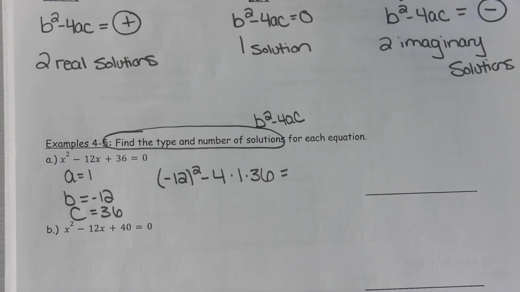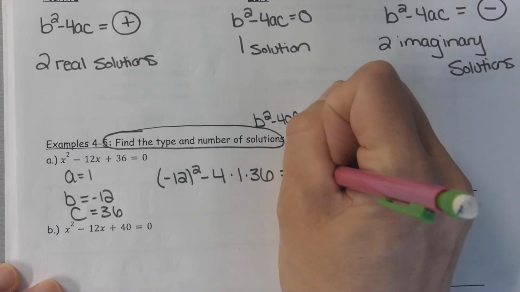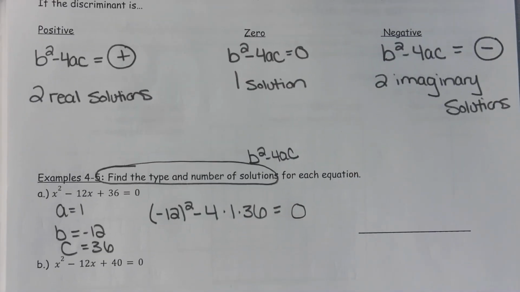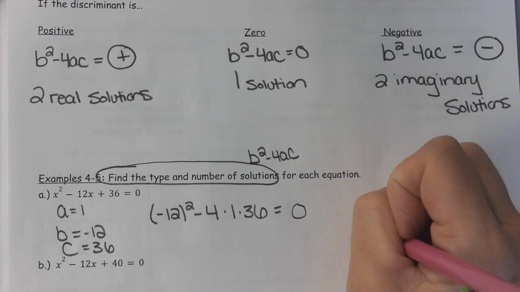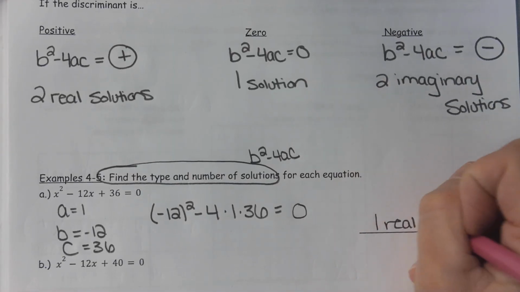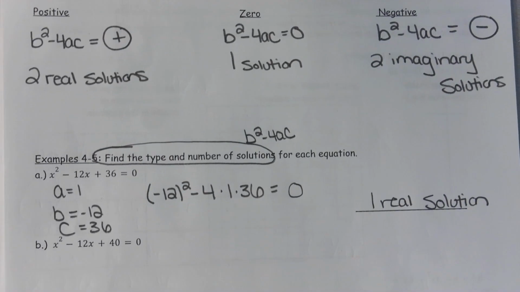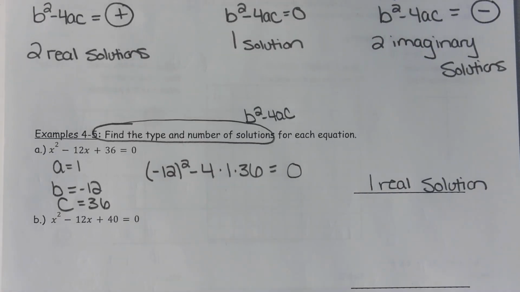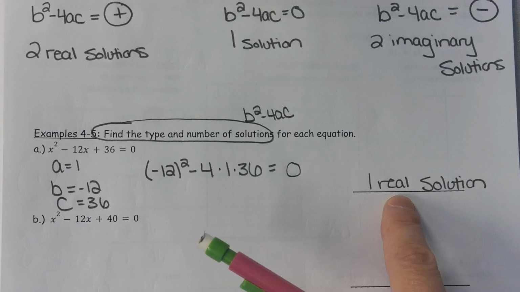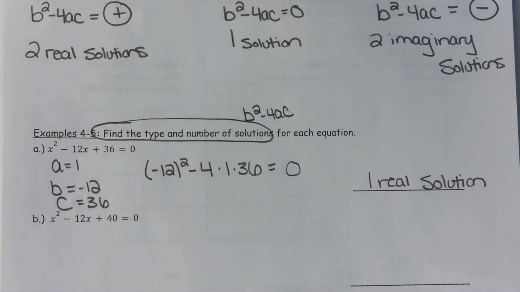Ooh, we got 0? Nice. Okay, so if we get 0 for our discriminant, what type of solutions are going to come out of the quadratic formula if I did it? 1 solution. One real solution. Make sure you tell me what type. So I need to know it's not imaginary. So tell me one real solution. So you should have 3 words. How many, what type, and then the word solution.